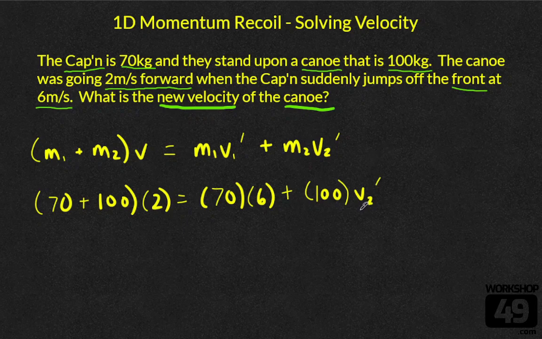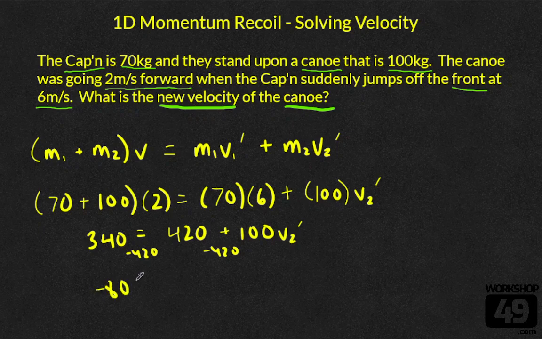Let's multiply this out and see what we get. 70 plus 100 multiplied by 2, that's 340. This is going to equal 420 plus 100 V2 prime, the velocity of the canoe that we're solving for. We subtract 420 from both sides, and it leaves us with negative 80 equals 100 V2 prime.